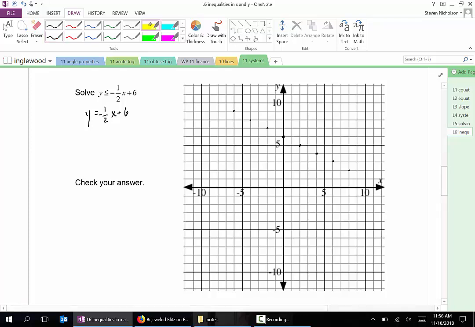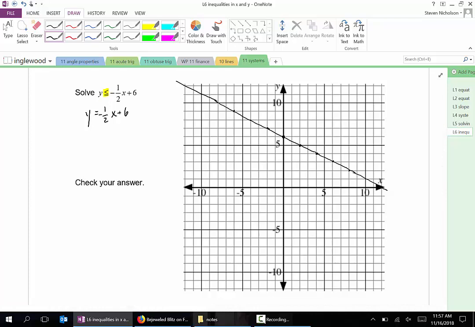But again, given that the inequality is less than or equal to, what that means is this is going to be a solid line. And all I want to know now is, is the truth above that solid line, or is the truth below the solid line?